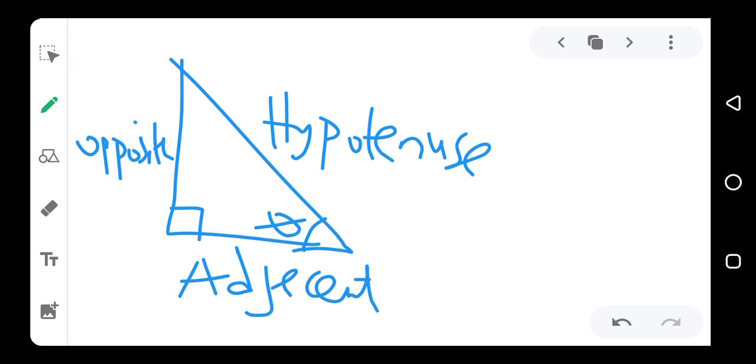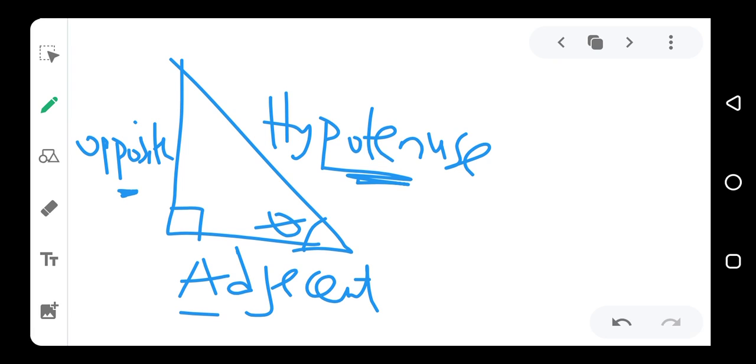That means we are creating a relationship between the sides of the right angle triangle and the angle inside it. We can divide this opposite with this hypotenuse, and that gives us what we call sine theta, the sine of this angle. Now we can divide the adjacent with hypotenuse to give us cosine theta.